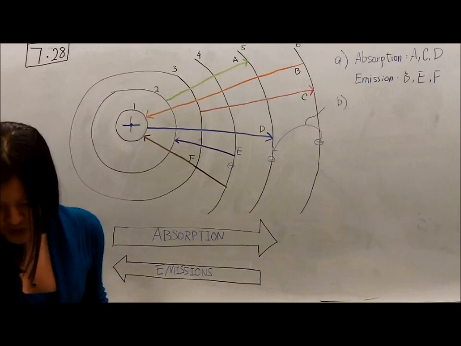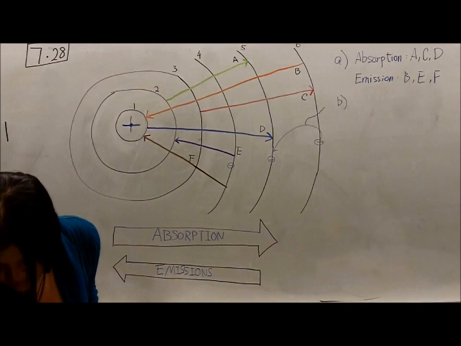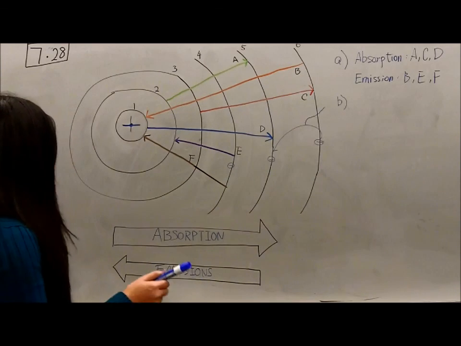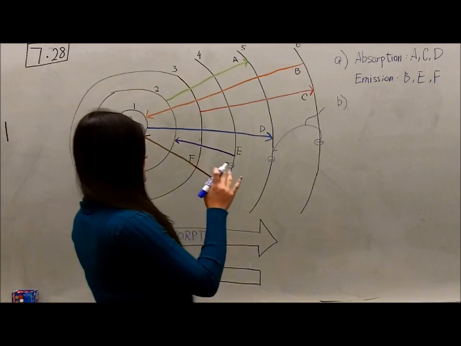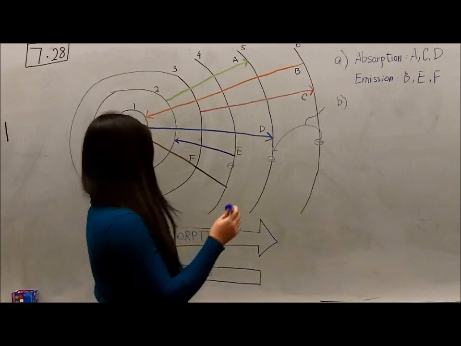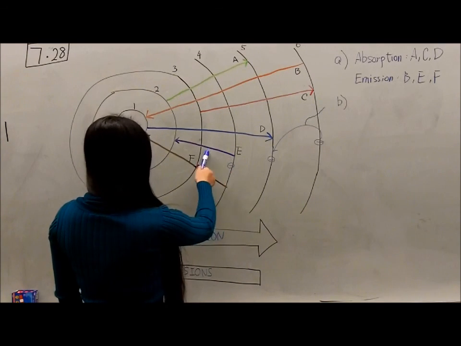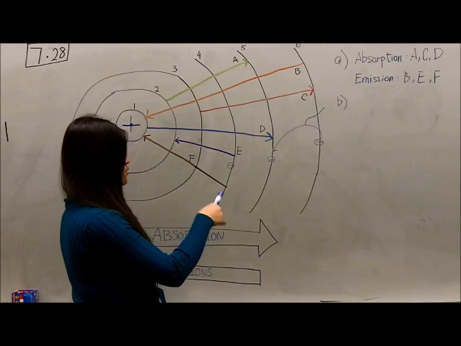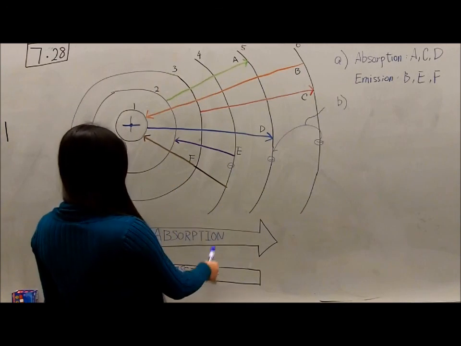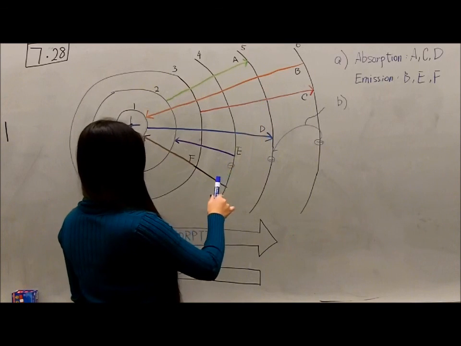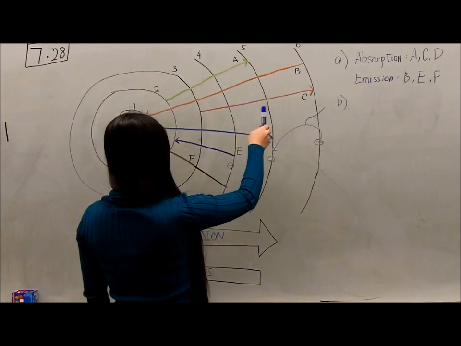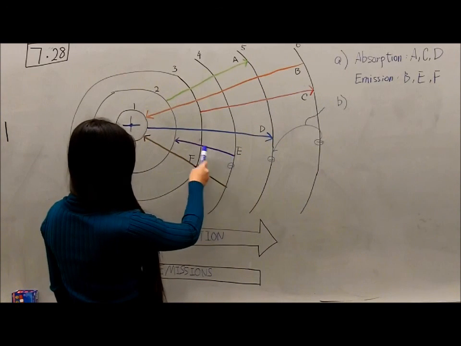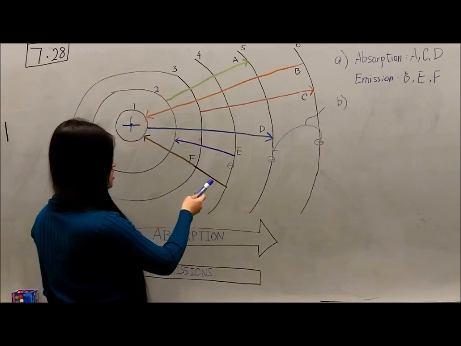All right, part B asks, rank the emissions in terms of increasing energy. So when you rank in increasing energy, it usually is the more levels it had to jump through, the more energy it takes. So emissions, we already said, were B, E, and F. When you count the energy levels that each one of these jumps through, you can see that E will be the lowest because it only jumped through 1 and 2 energy levels.